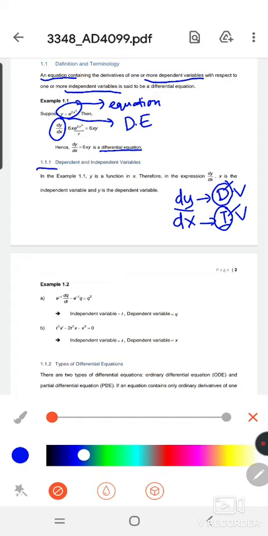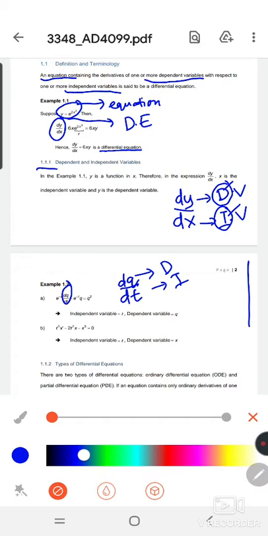Okay, let us see example 1.2. e^(-t) dQ/dt minus e^(-t) Q equals Q^2. We focus on dQ dt. The top is dependent, the bottom is independent. So Q is the dependent variable and the independent variable is t.